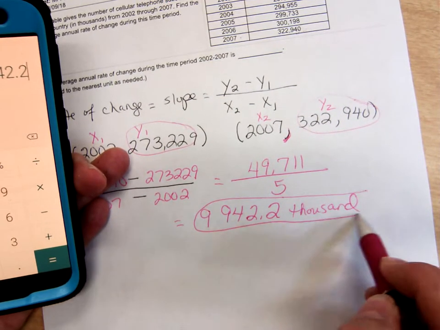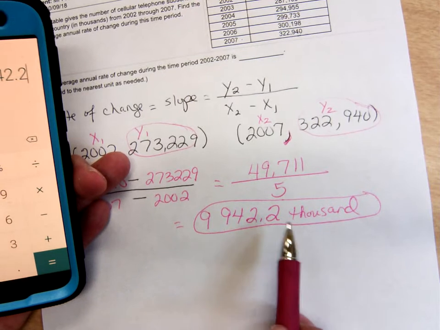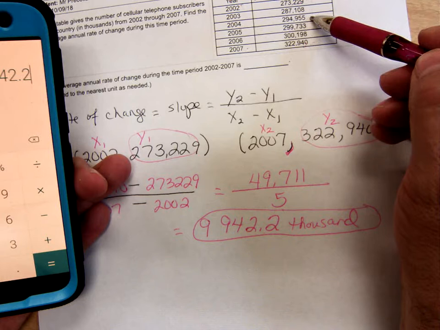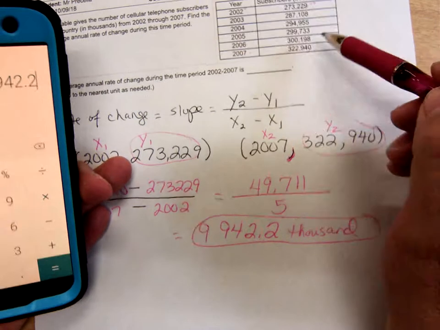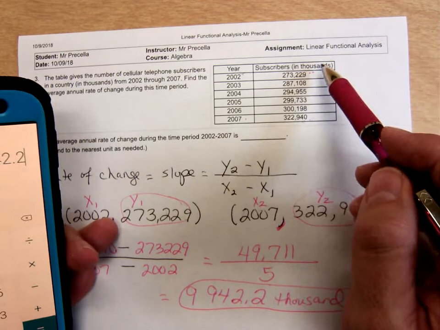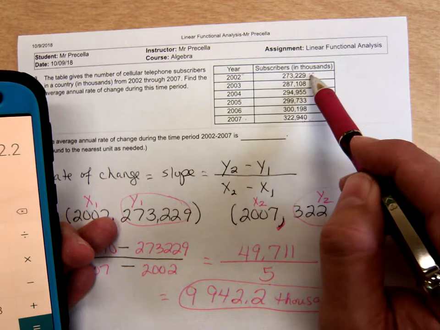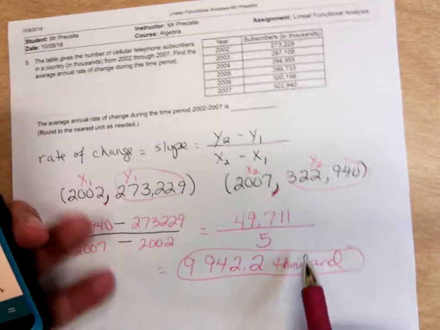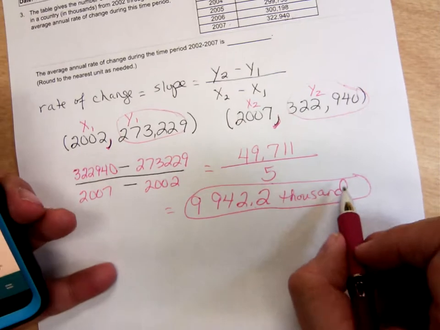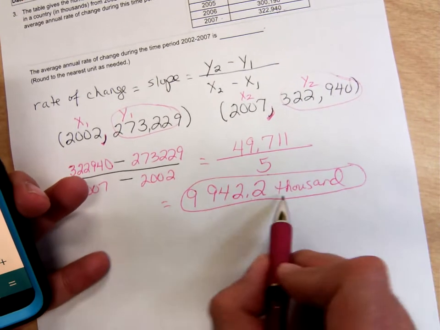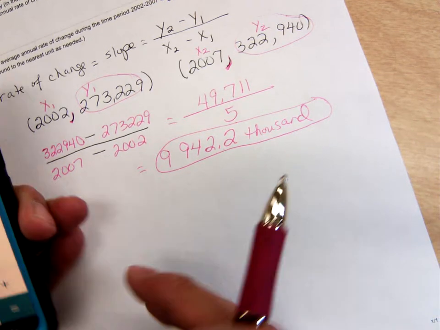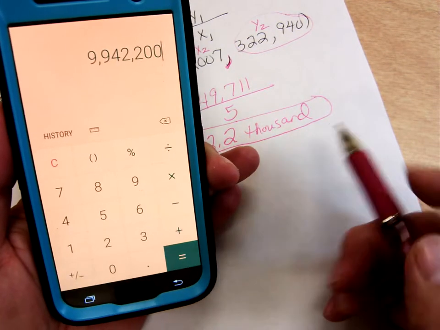Now, if you don't like that number with the thousand, realize there should be 3 zeros after all of these numbers. That's what in thousands means, just writing that rather than putting in the 3 extra zeros. So if we didn't want to write it with the thousand, just multiply this by 1,000, which is all just going to move that decimal point.